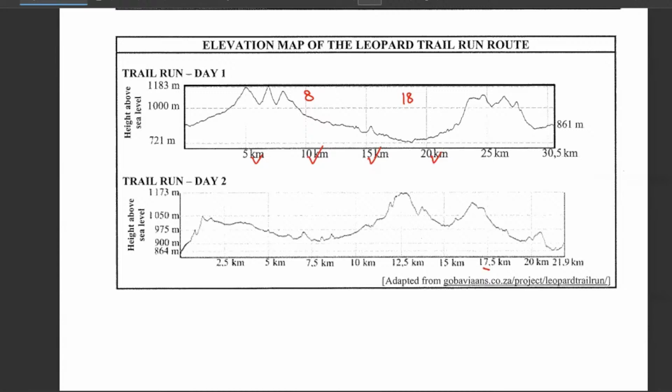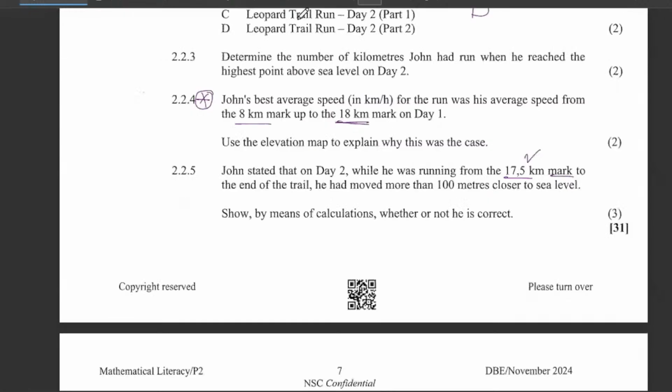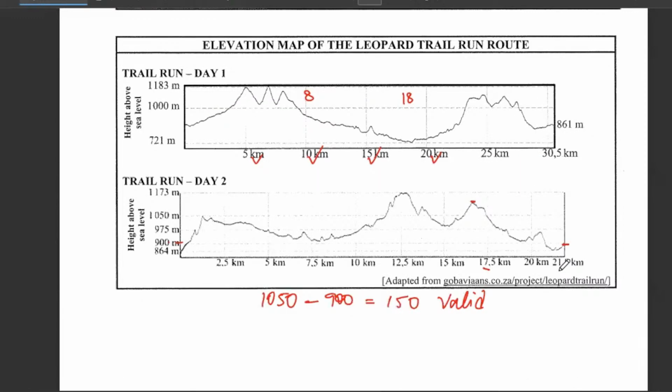This is it, and the level is around here, which was 1,050. Minus when he came down here, at what level was it? It was 900. So which is 150. And it's valid, it's more than 100. Day 2, that's what we are looking at. In day 2, this is where day 2 is.